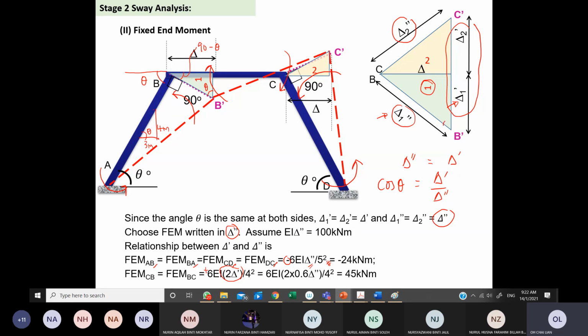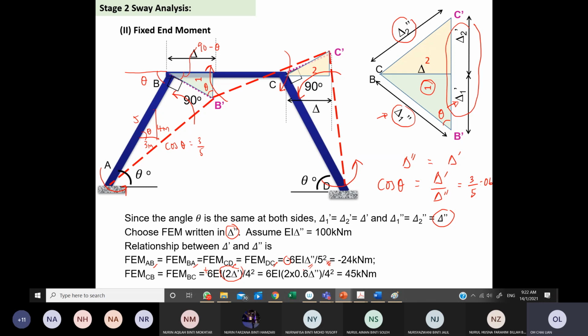So I need to make sure my theta is placed correctly first, because I need to use the theta. So cos theta will be equal to delta prime divided by delta double prime. Then the cos theta here is 3 over 5 or 0.6 based on this. Okay, cos theta is 3 over 5.